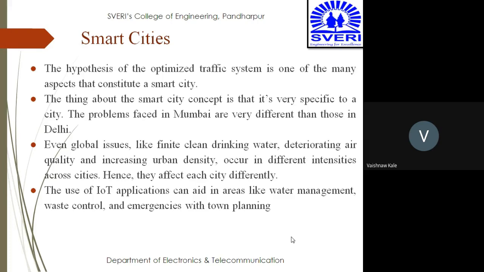Then second, clean drinking water, then air quality, increasing urban density, and then water management, waste control, and emergency as far as town planning is concerned. All these concepts in smart cities will be very important, and IoT can be helpful in order to improve the conditions.